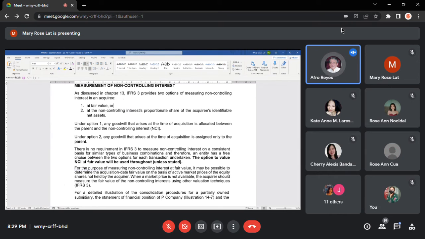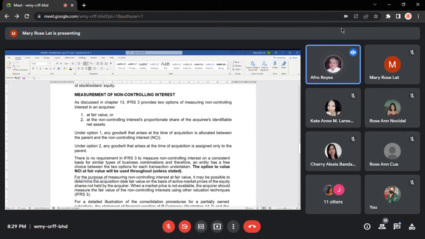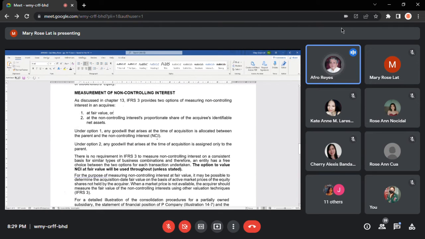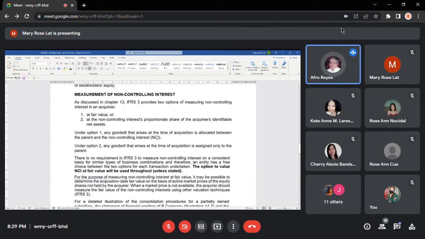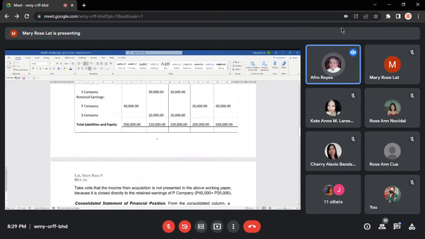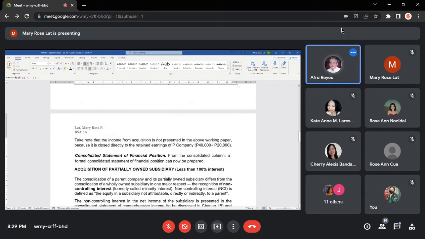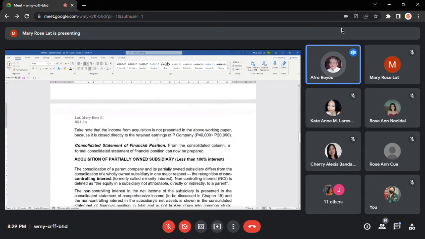Kaya may nababanggit din yung isinasarado raw sa retained earnings. Kasi nga, isinarado mo na yung expense at income sa retained earnings. Kaya ang gagalaw ngayon, retained earnings. Kasi ang hawak mo na ay statement of financial position na.